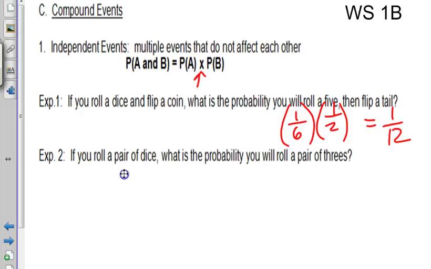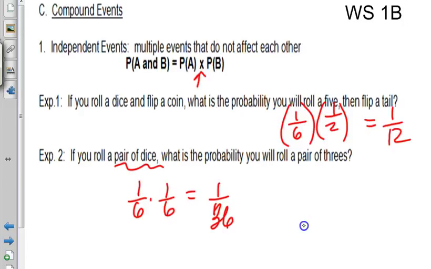Okay, you roll a pair of dice. What's the probability you roll a pair of 3s? Each die has a chance of landing on a 3 of 1 out of 6, so it's just 1 out of 36. If the question says something different, like the sum of the dice is 6, that's a different question.